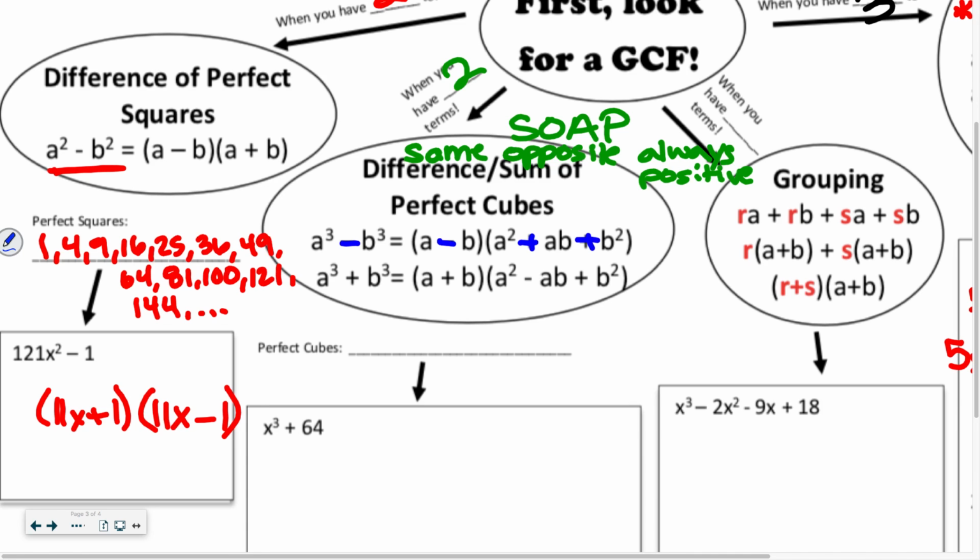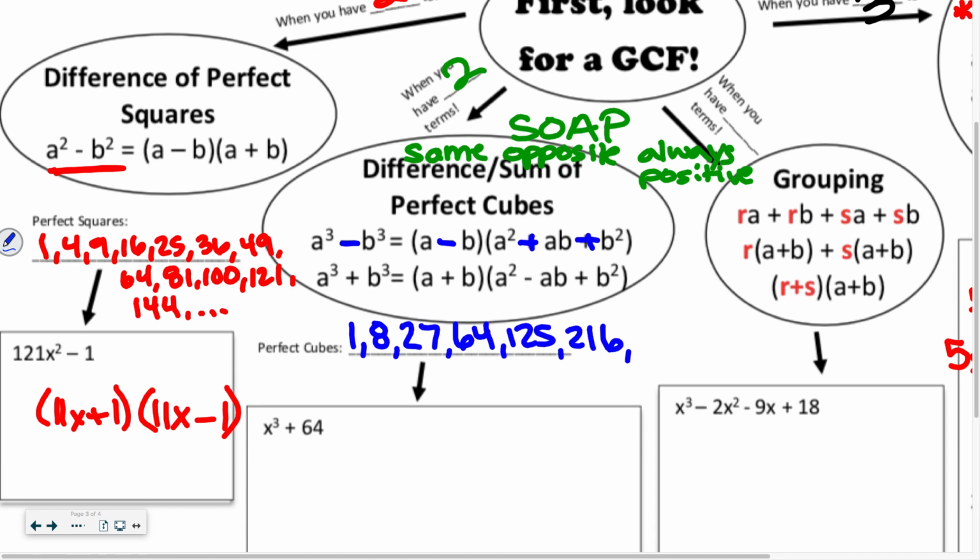So let's write some perfect cubes so we're used to recognizing that. 1 cubed would be 1. 2 cubed, 8. 3 cubed, 4 cubed, 5 cubed, 6 cubed, 216, and let's just for good measure do 7 cubed.